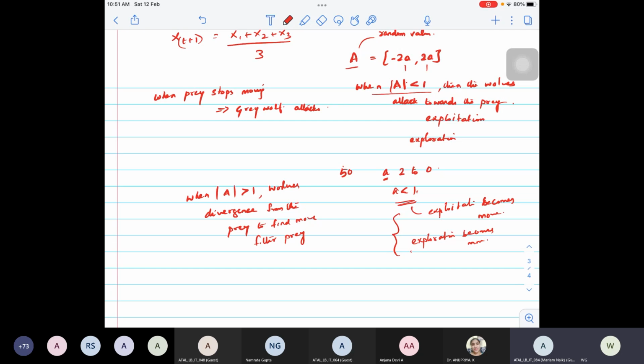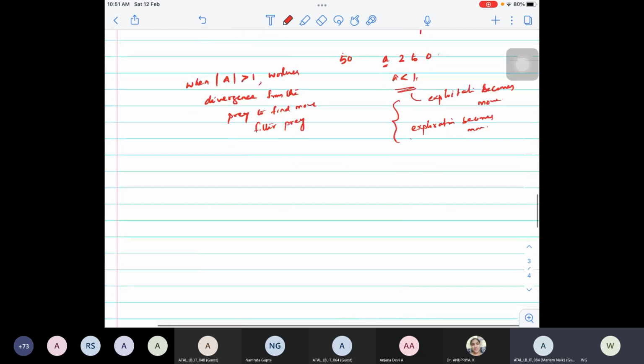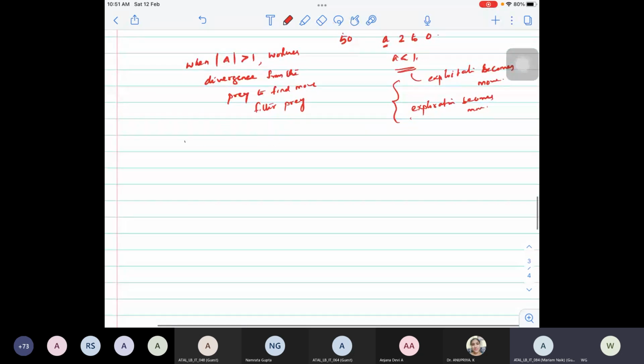So this gives the overall view of the gray wolf optimization procedure, right?